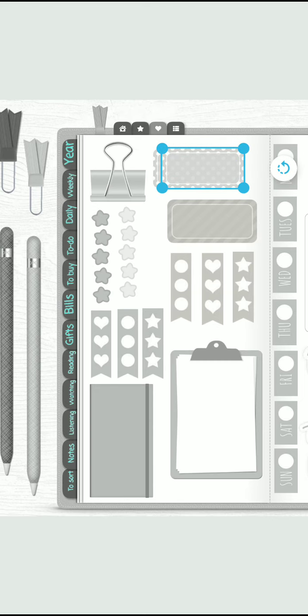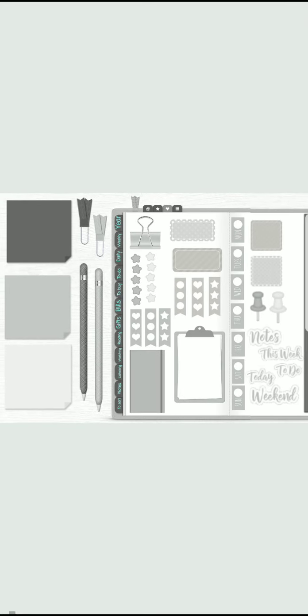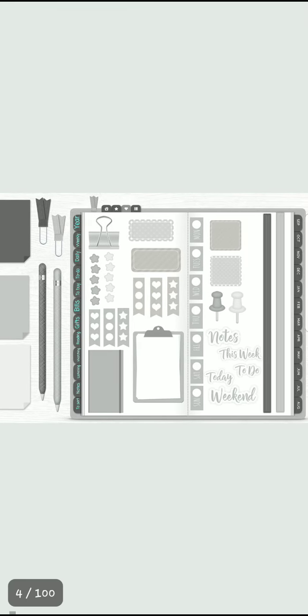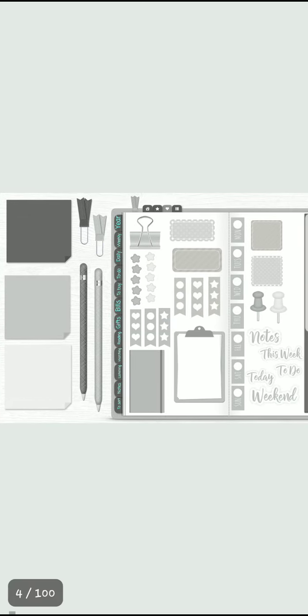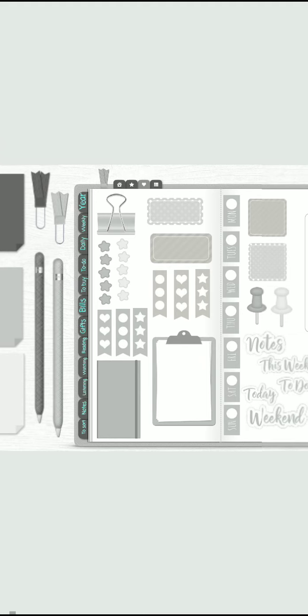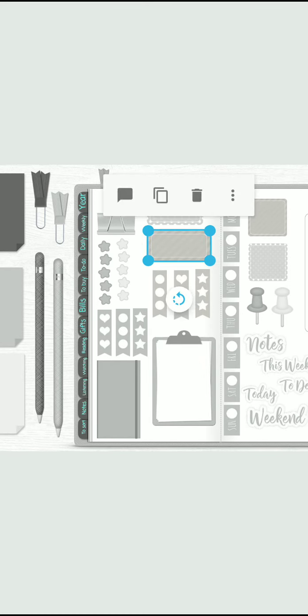We have to build it sticker by sticker. So there's a couple different options. I've preloaded all of the gray ones that came with my gray slim notebook so that I can easily get to them by hitting the heart tab. And these are all loose. You don't want to flatten these, because then you can't grab them to use them. Okay.